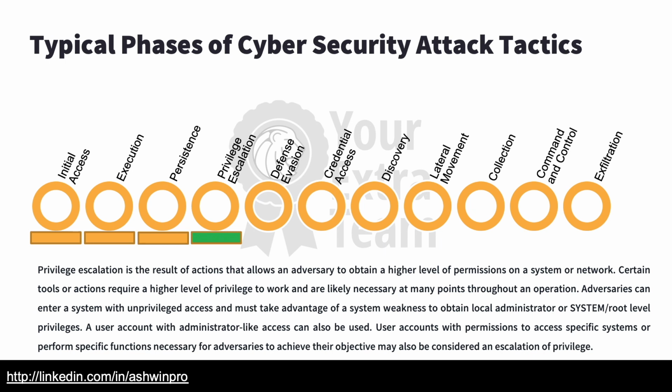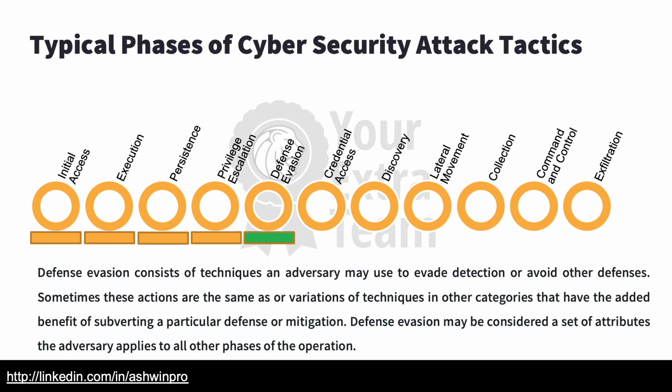Once I'm persistent in that system, the next thing is to have a higher level of permission on that system. Most of the time I might have access to the system but not the right credentials, so that's the action I would want to do next.